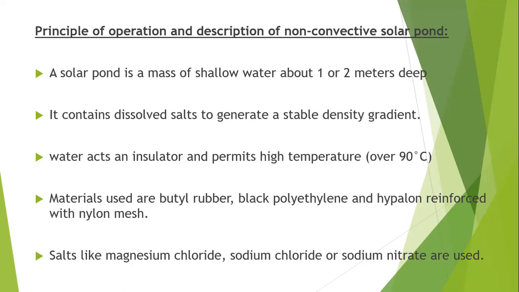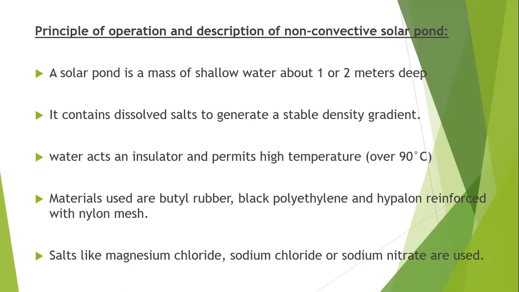At the bottom there will be salt water with a concentration of 20 to 30%, and when we reach the top we get fresh water. In salt gradient solar ponds, dissolved salt is used to create layers of water with different densities. The more salt you use, the denser the water will be.